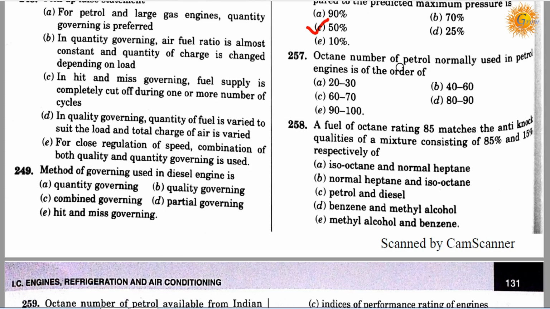Octane number of petrol normally used in petrol engines is of the order of: option A, 20 to 30; option B, 40 to 60; option C, 60 to 70; option D, 80 to 90; option E, 90 to 100. So the correct answer is D. Octane number for petrol is normally 80 to 90.